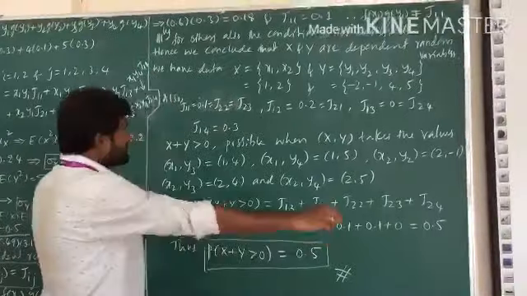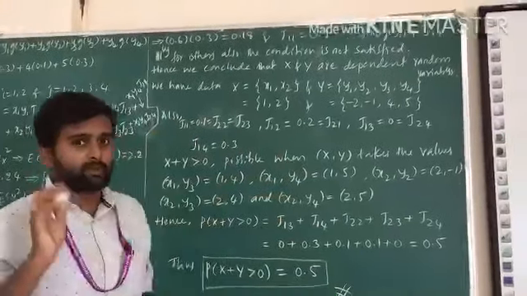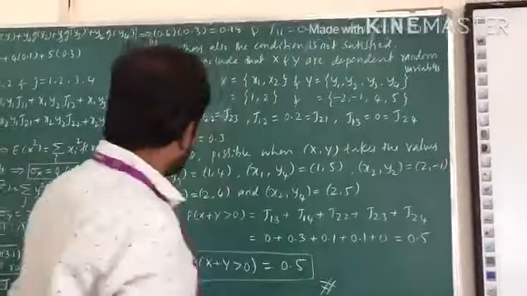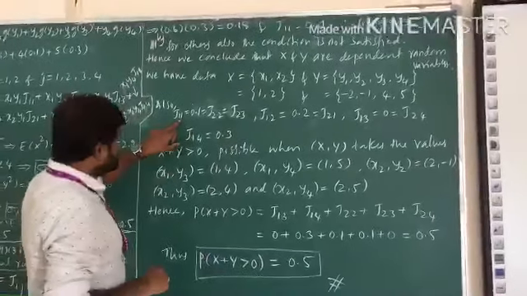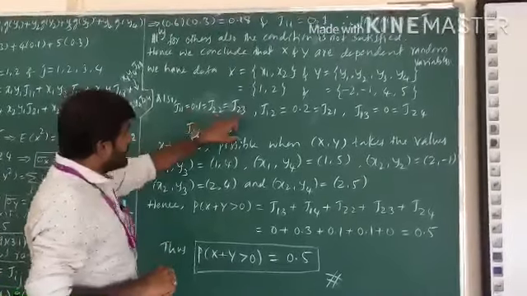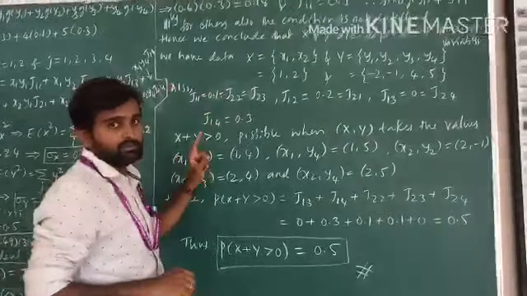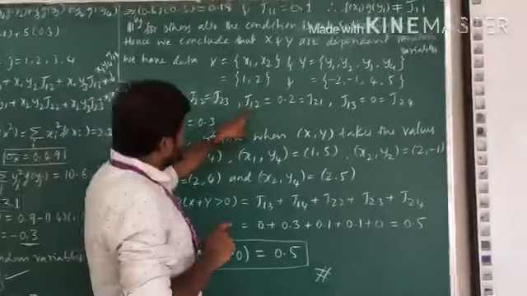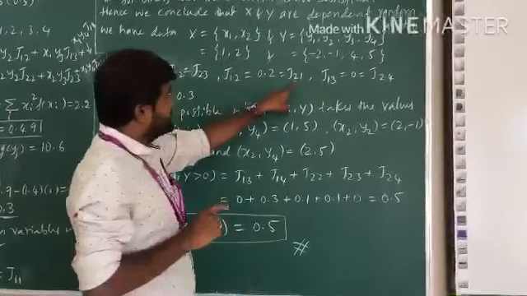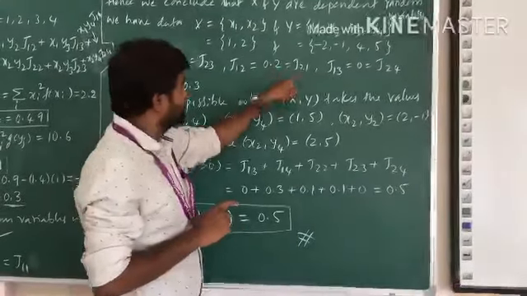Now they also give the joint probabilities. From the given table, J11, J22 and J23 are 0.1. J12 and J21 are 0.2.